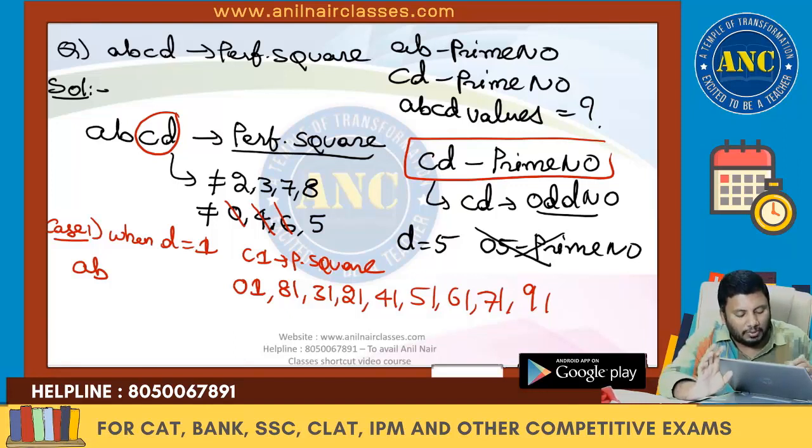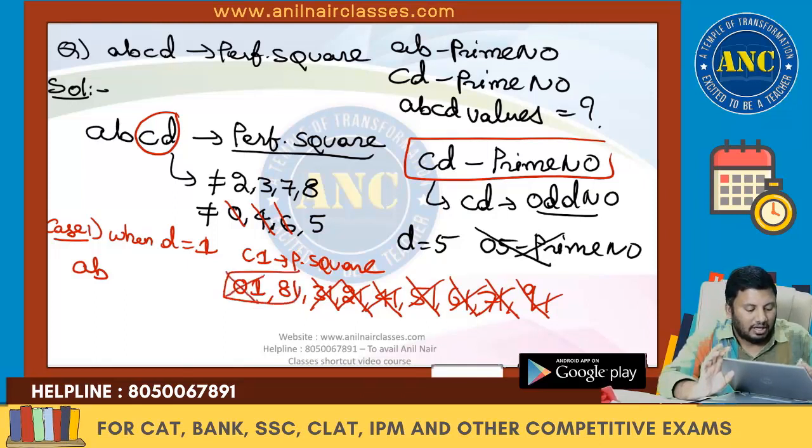But CD should be a perfect square, so the others are not possible. Only 01, 21 and 81 remain. 1 is not a prime number, and 81 is also not a prime number. So D equals 1 is also out.